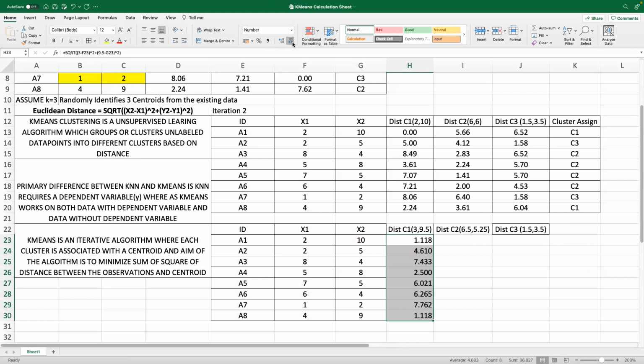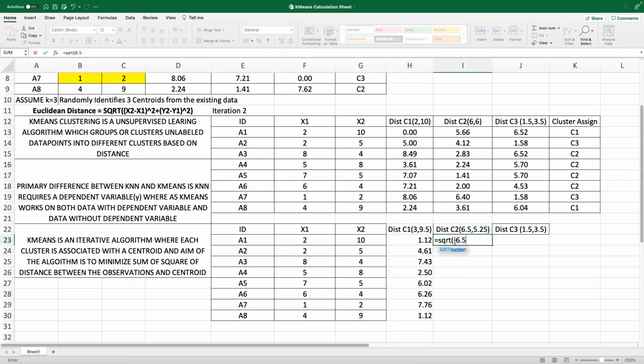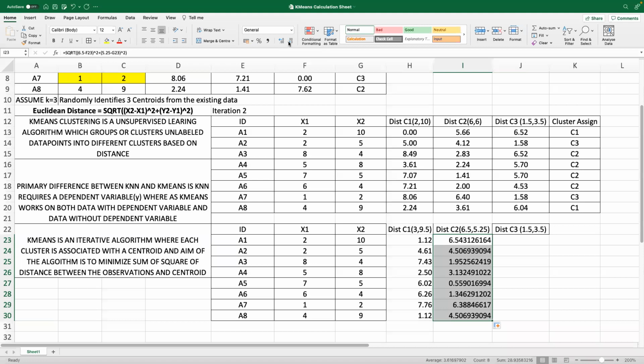Two decimals. For C2, equal to SQRT, open two brackets, 6.5 minus this to the power of 2, plus open bracket 5.25 minus this to the power of 2, close bracket. We'll get the new distances, reduce them to 2 decimals.